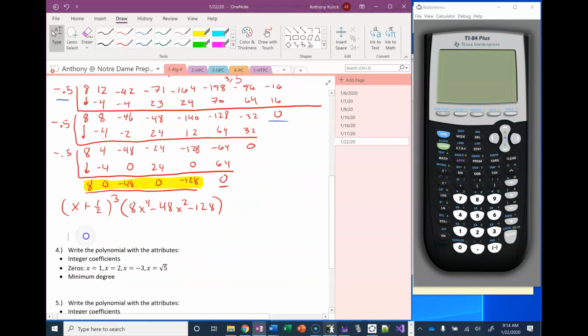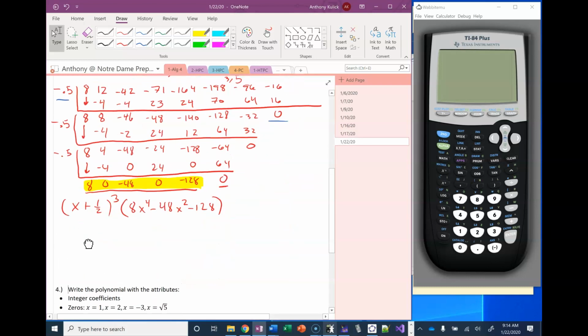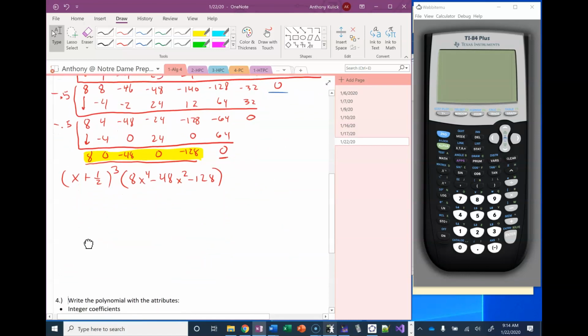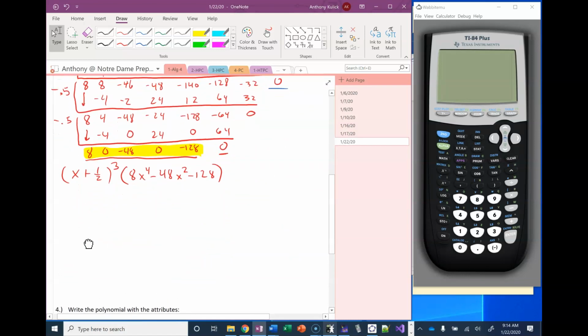If I look at that polynomial, 8x to the fourth minus 48x squared minus 128, I notice there's a greatest common factor there. There's an 8 in the 8x to the fourth, the 48, and the 128. So I'm going to factor that 8 off.